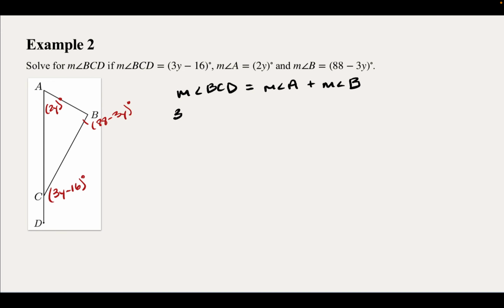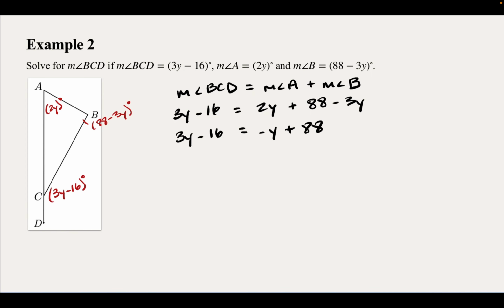I'm going to substitute everything that I know. So I know BCD is 3y minus 16. The measure of angle A is 2y. And the measure of angle B is 88 minus 3y. We're going to combine like terms. 2y minus 3y is negative y.